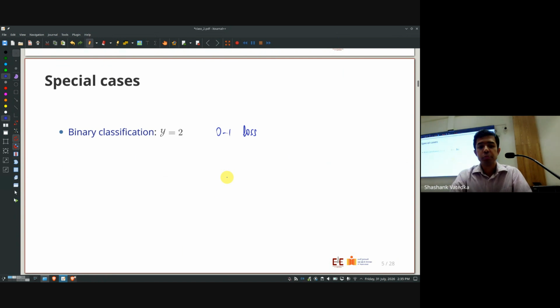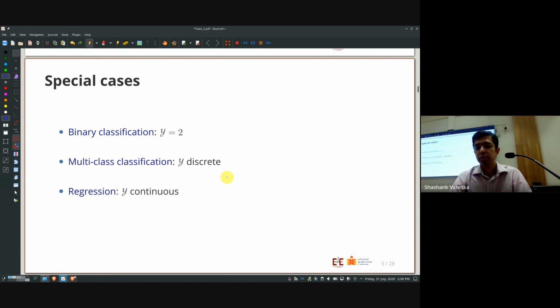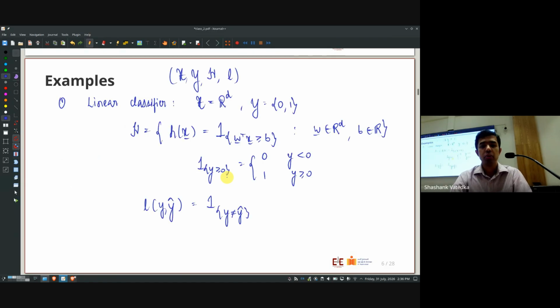We looked at some special cases: binary classification, multi-class classification, and regression, and I'll keep bringing this up as we go along. Towards the end of the last class, we looked at some examples of learning problems. We defined the feature space, the label space, the hypothesis class, and the corresponding loss function. Remember that whenever I say classification, it is always with respect to the 0-1 loss.